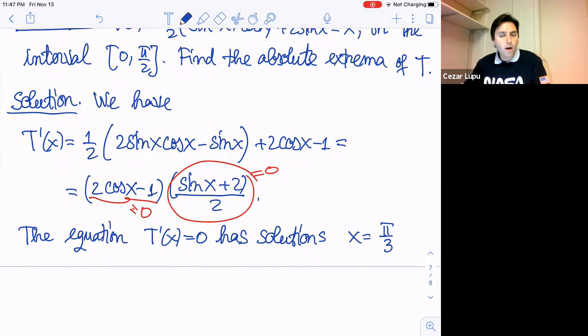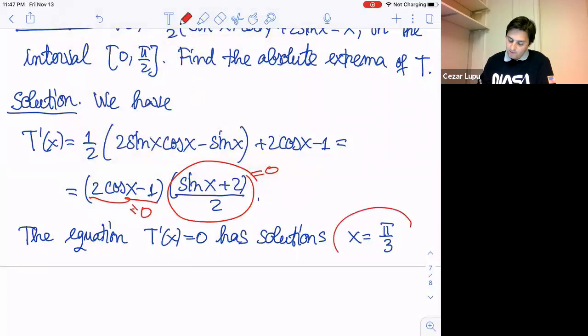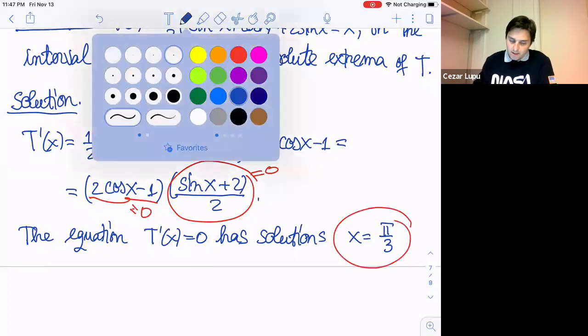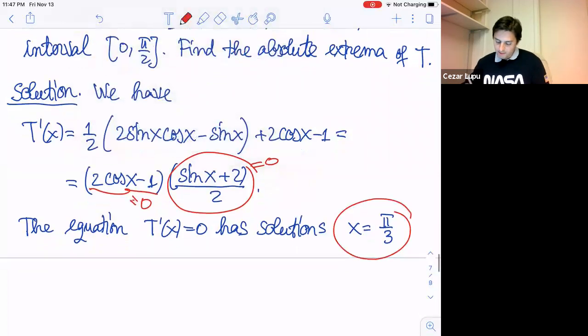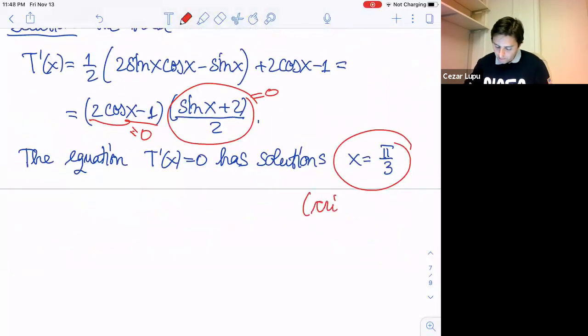With the second one, we have sine of x plus 2 equals 0. But sine of x cannot be -2 because sine is bounded between -1 and 1. So that's the only solution we have. So this is the only critical number.